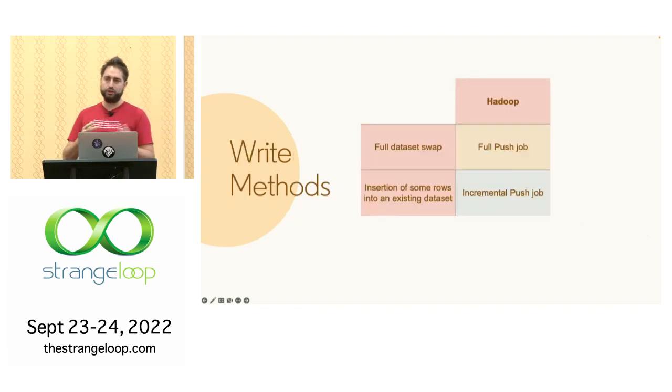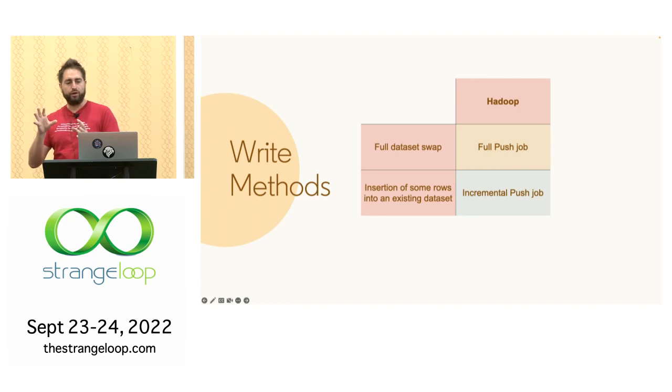So far, we've looked at two techniques for writing data into Venice, the full dataset swap and the insertion of rows into the dataset, which are achieved by the full push job and the incremental push job, respectively. As we go through this section, I'll keep adding cells to this table to illustrate the range of possibilities that Venice supports.